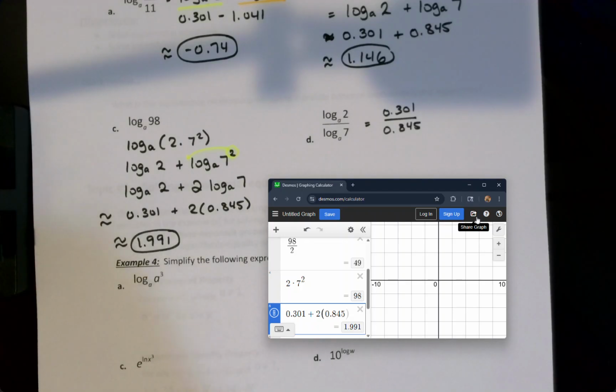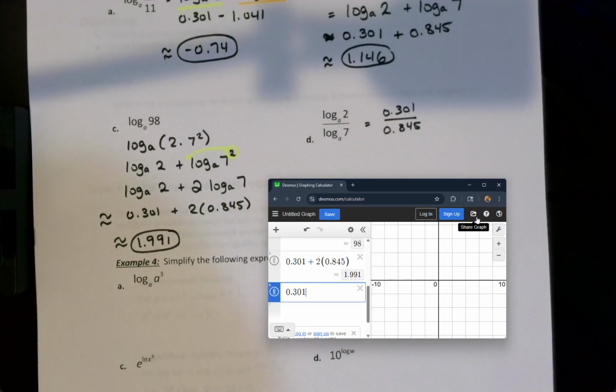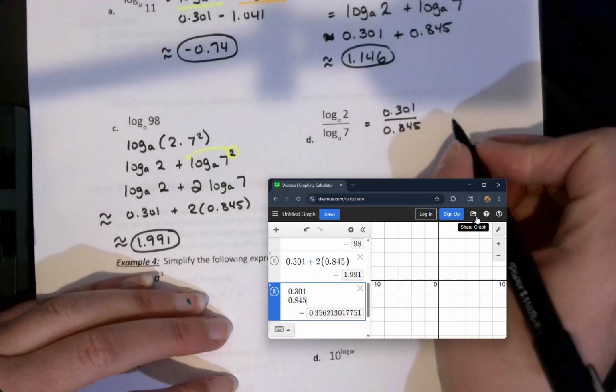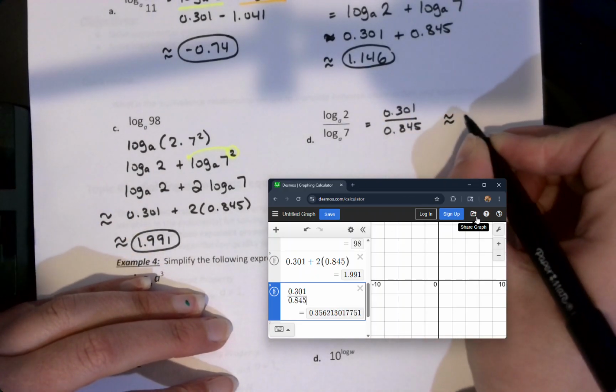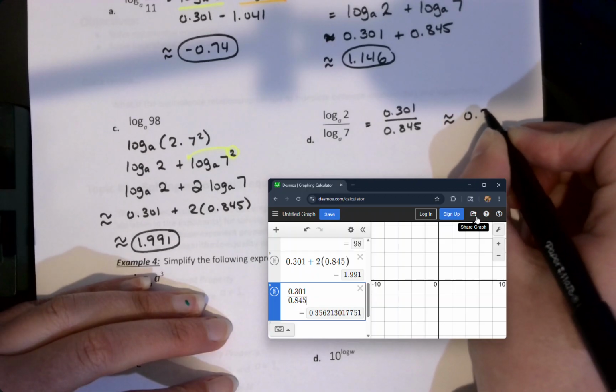So I can divide those, and this is going to come out as approximately 0.356.